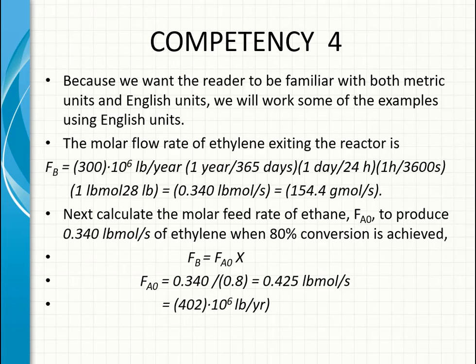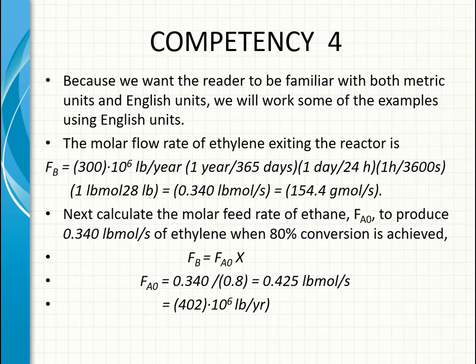And next, we are going to calculate the molar feed rate of ethane FA0 to produce 0.340 mole pounds per second of ethylene when 80% conversion is achieved. So FB equal to FA0 times X, and FA0 is going to be then FB, which is 0.340 divided by 0.8, equal to 0.425 mole pounds per second, which is equal to 402 times 10 to the 6 pounds per year.